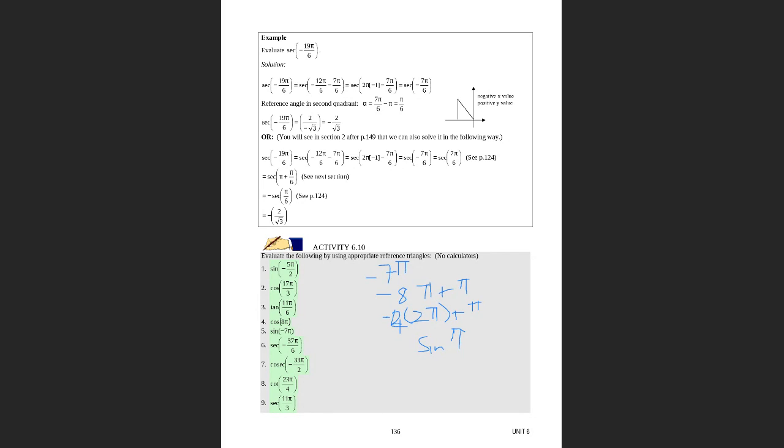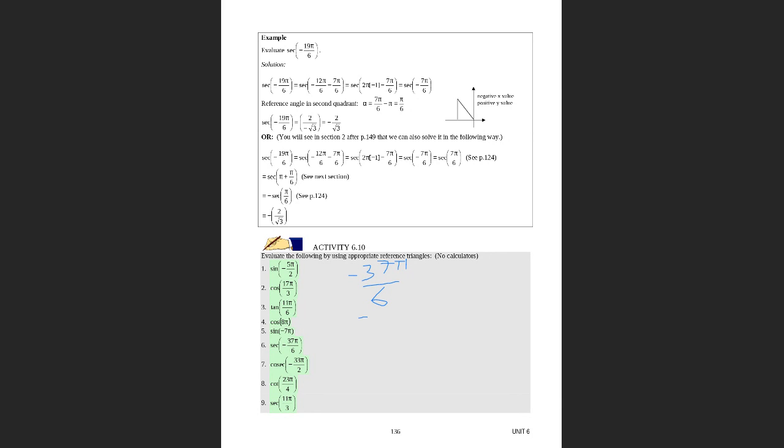Then our next one, we have minus 37 pi over 6. So this one too, you should be able to write it in a form of a special angle and 2 pi. So let us try this.